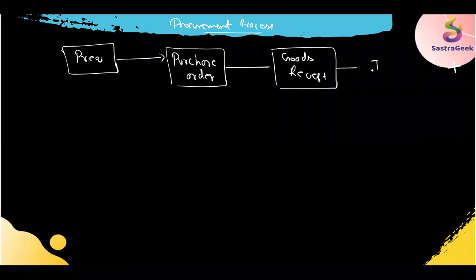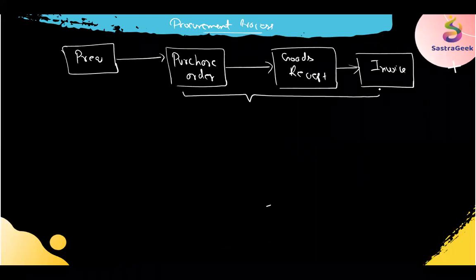And from here, you would be able to do the invoice. Those are the steps. The mandatory steps would be only these three. Even purchase requisition creation is not mandatory, but we can go ahead and create a purchase requisition. But these are the three mandatory steps: purchase order, goods receipt, and invoice.